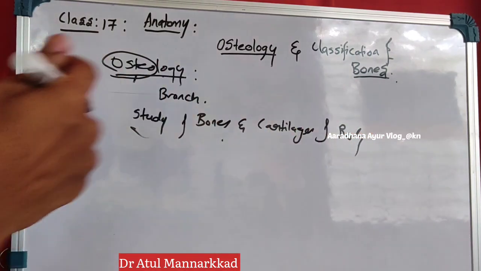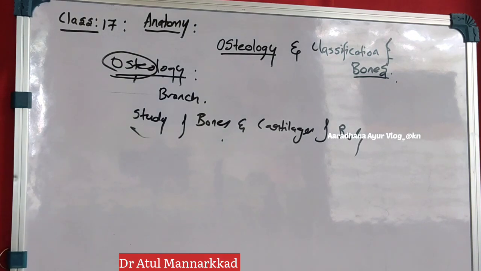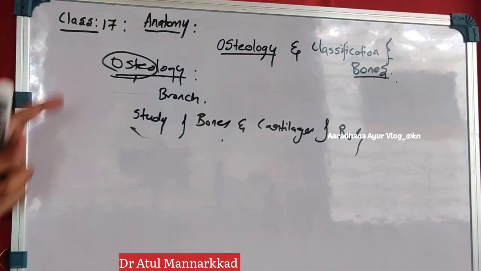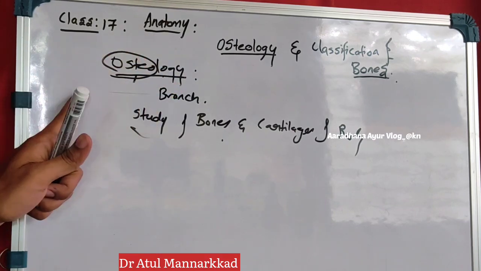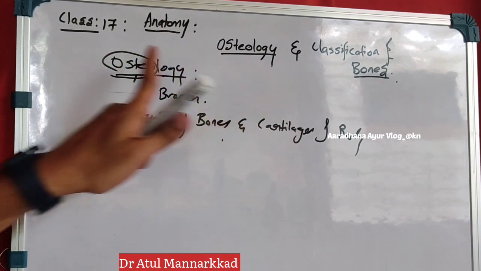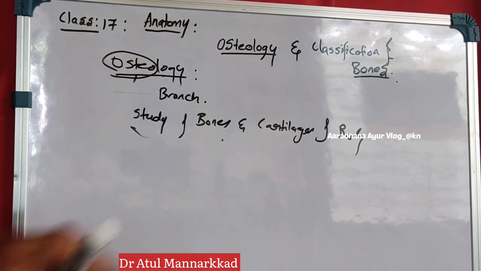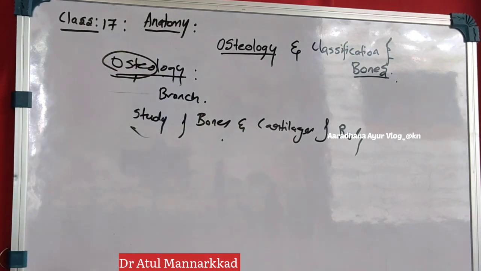It is derived from two words, osteo plus logy. Osteo is the bone, logy is cartilage. So the study of both the bones and the cartilages of the body is known as osteology.